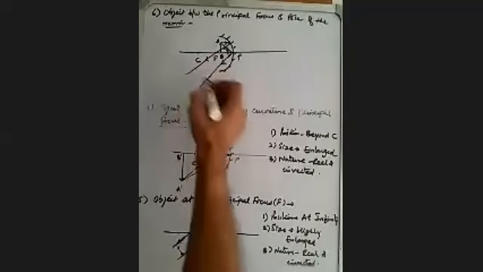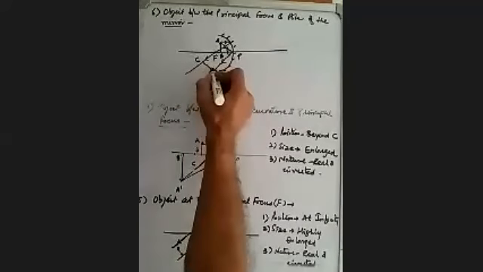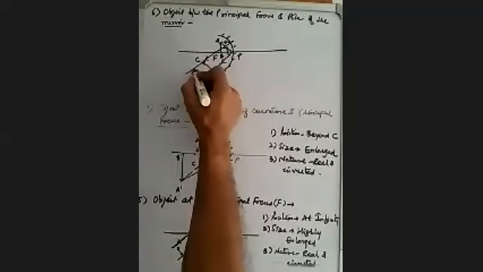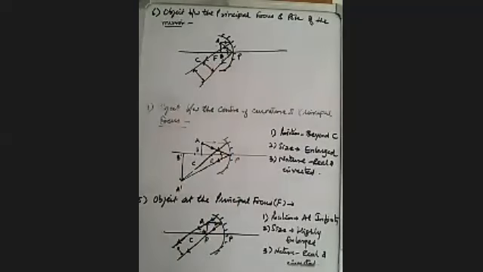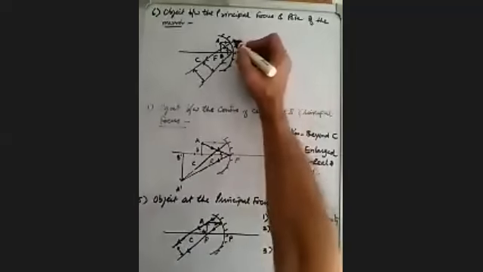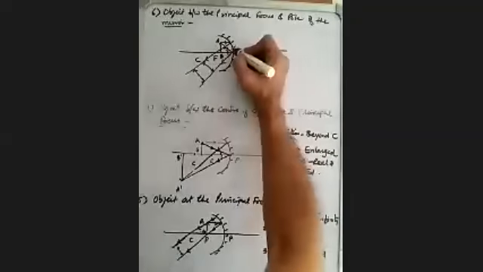So these are two reflected rays, and you see that the distance between the two is increasing as you go further. That means these rays will never actually meet at any point. So image formed will not be real and inverted.